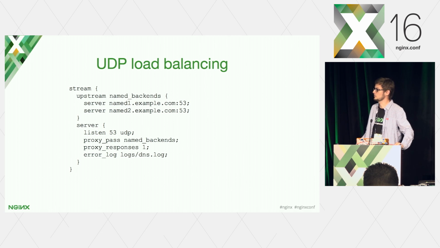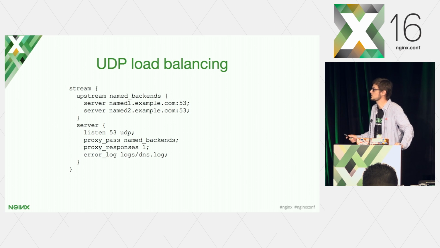So when the UDP datagram comes into NGINX, NGINX monitors the health of the backend services either in passive mode using the passive health checks, or in the case of NGINX Plus, it will be using active health checks. And it will forward the datagrams to the servers that are alive.